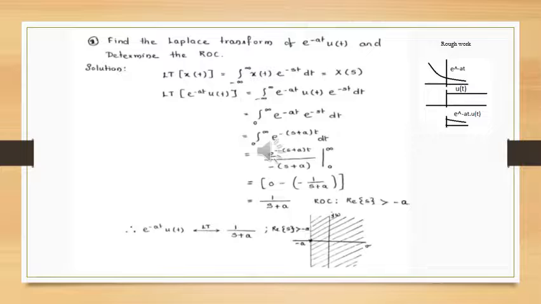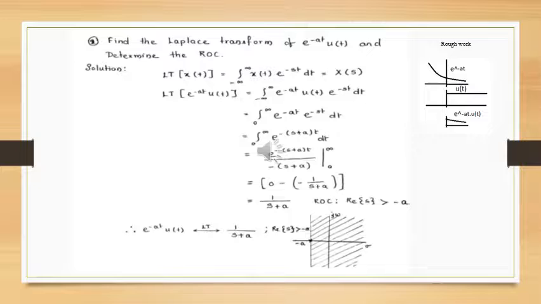So in the integral varying from minus infinity to 0, u of t is equal to 0, and we know that if this signal is multiplied by any other signal, the answer will be equal to 0. So we don't consider the integral part ranging from minus infinity to 0. Then in the integral varying from 0 to infinity, u of t is equal to 1.